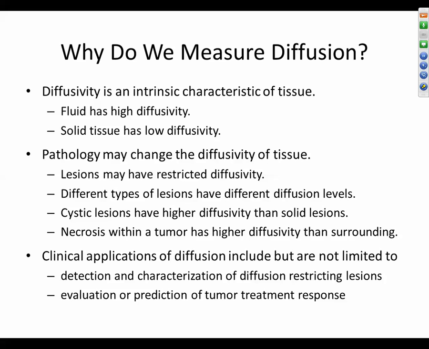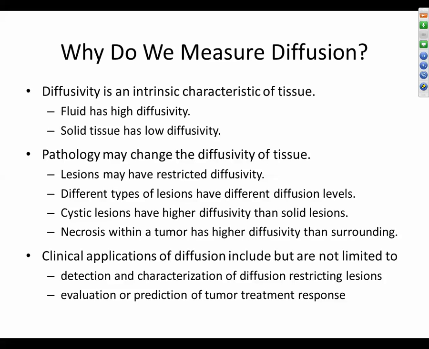Different types of diffusion restricted lesions have different diffusion levels, so we can characterize tumors or lesions by their diffusion level. For example, cystic lesions have higher diffusivity than solid lesions.